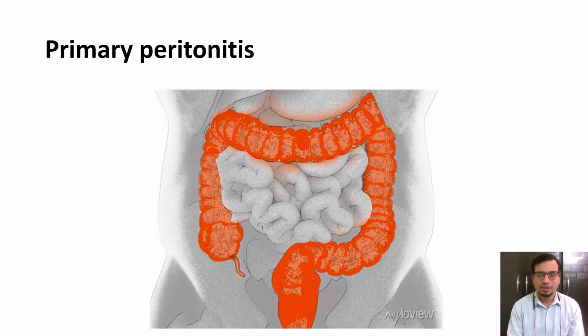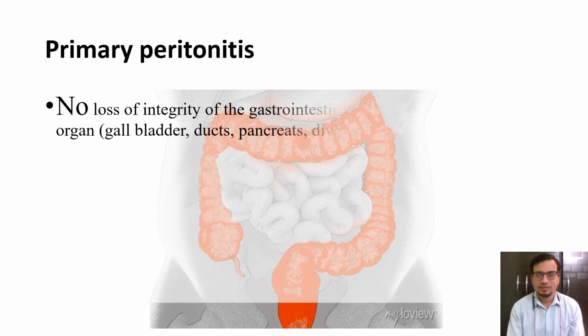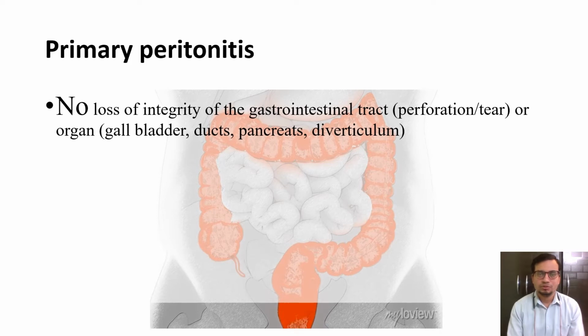Primary peritonitis is a bacterial contamination mostly caused by a single bacterium without loss of integrity of the gastrointestinal tract, usually due to blood dissemination from any extraperitoneal source like the lungs or urinary tract. It is usually seen in ascites with cirrhosis, which is called spontaneous bacterial peritonitis.